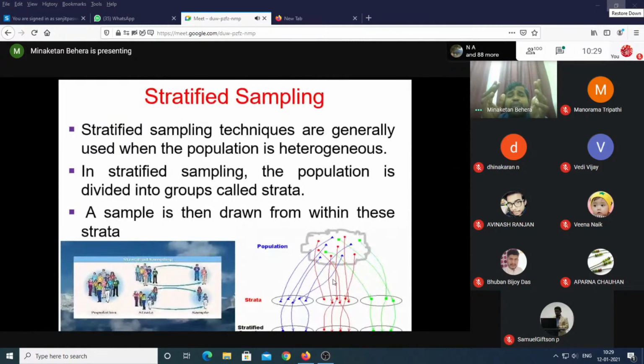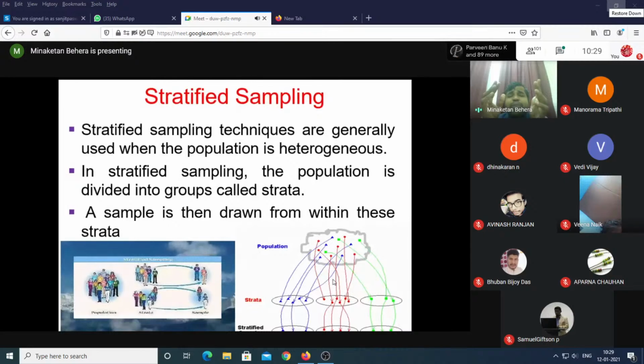Now the second point, just look at this. Your population has different colors. Then you put the same colors in one group, and from each group you select the sample. Just look at this slide: that we call the population, that we call the strata, and the other is the sample.